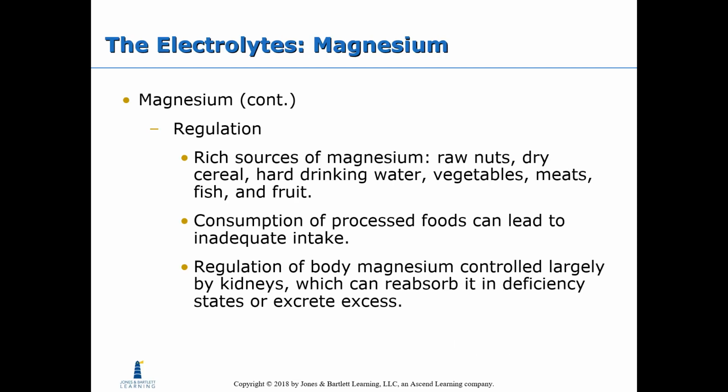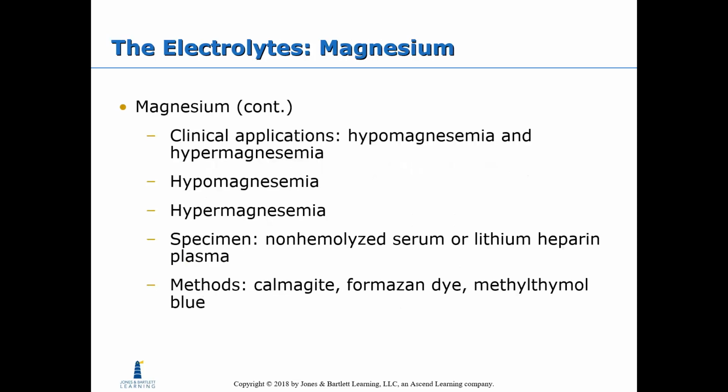Rich sources of magnesium include raw nuts, dry cereal, hard drinking water, vegetables, meats, fish, and fruit. Consumption of processed foods can lead to inadequate intake. Regulation of body magnesium is controlled largely by the kidneys, which can reabsorb it in deficient states or excrete excess. Hypomagnesemia and hypermagnesemia: I'm sure you can already define these by now.